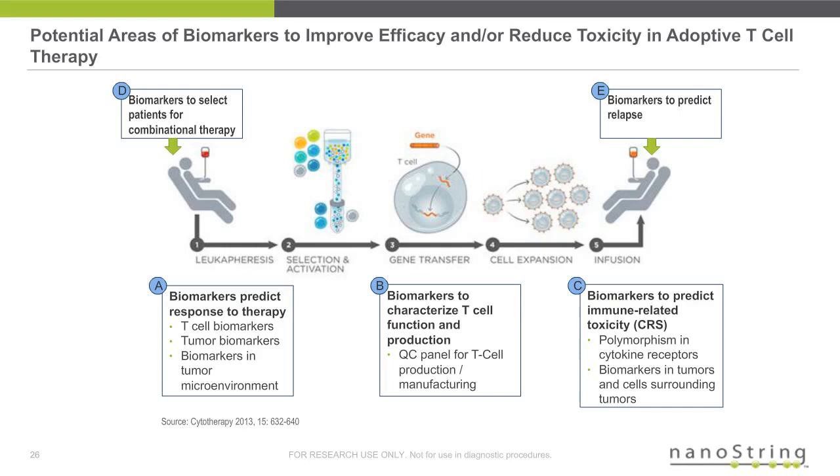You've taken the patient sample, you've purified the T cells, you've engineered the T cells to express a chimeric antigen receptor, and then before you put those back into the patient, it sure would be nice to know whether that T cell is going to be a highly functioning T cell and is actually going to have the targeted cytotoxic activity that you are hoping for.